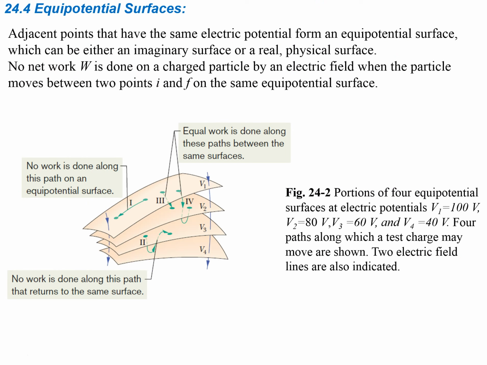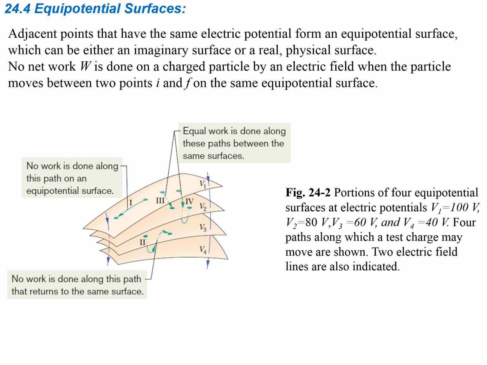Next thing we want to talk about is equipotential surfaces, and this is what your first lab is going to involve. Adjacent points that have the same electric potential form an equipotential surface, which means that along the surface, your potential stays the same. This can either be an imaginary surface or a real physical surface.